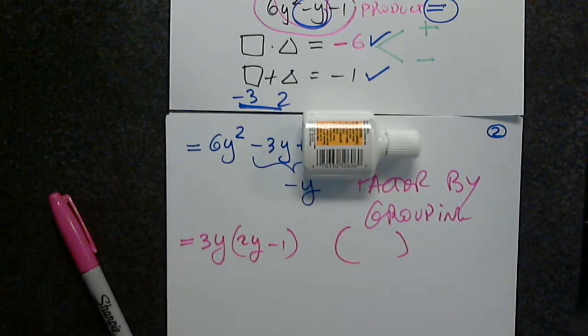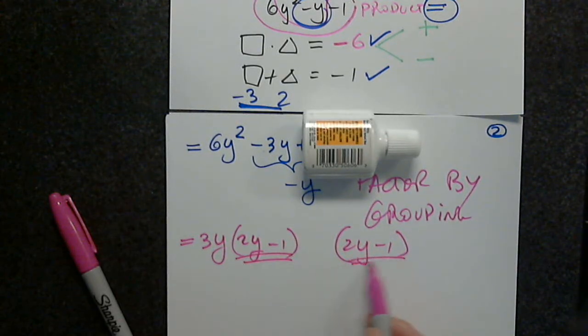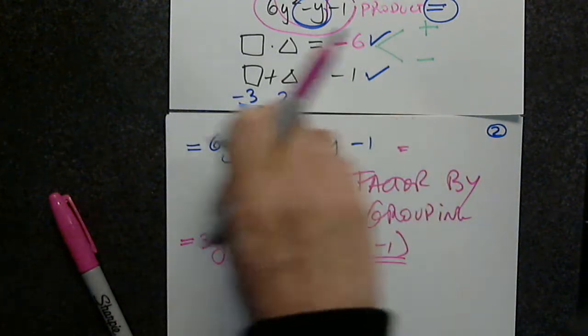What do I have to have coming from the other two? I know they're there because I found the two numbers whose product is negative 6 and sum is negative 1. What do I have to find in parentheses before I even look? 2y minus y. Mandatory. First, please write it before you look. If these two are not the same, we cannot continue. Something is wrong. Only now I look.